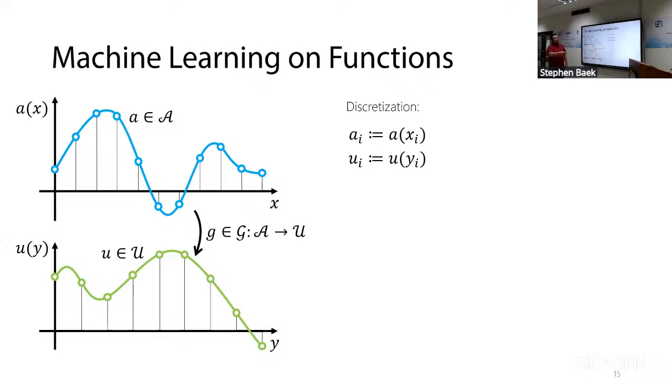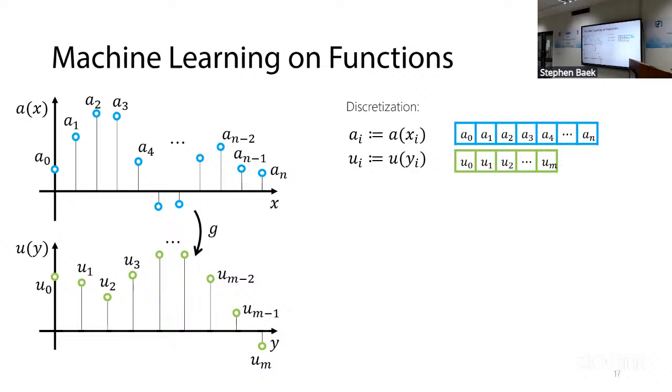So without loss of generality, we assume that there is some discretization. The continuous interval X is now divided into some discrete sequence of values xi. For those xi's, we have the measurement ai for the function a. And similarly for the domain y, for the green curve, we assume the same scenario. There's some discretization of y, and for each given yi, we have the value ui given as the data set.